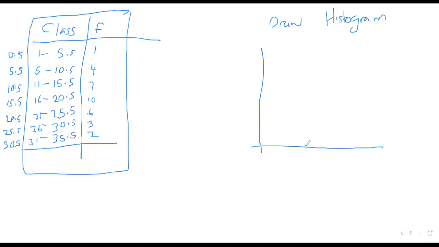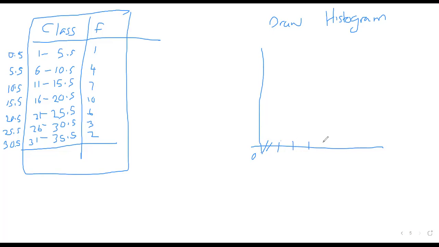So whenever we're drawing a histogram, we put a cross here to say we're not exactly starting from 0. So we have 1, 2, 3, 4, 5, 6, 7, 8.